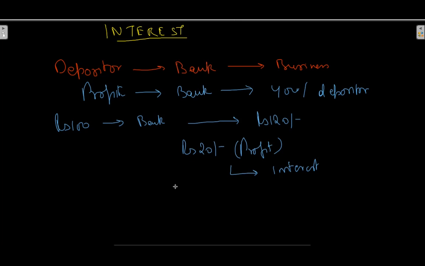Now, how do we calculate this interest? The money which we deposit to the bank is called principal. When you solve questions, you may find the word sum. There are pre-agreed terms on the basis of which you deposit the money. One of these terms is called rate of interest.